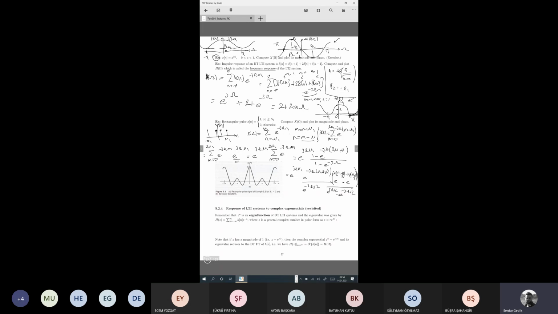What I do is divide this term by 2 and take the parentheses. If you divide this term by 2, what do you have? e^(-jωN1), so those two cancel, plus 1/2. So this is my parentheses.